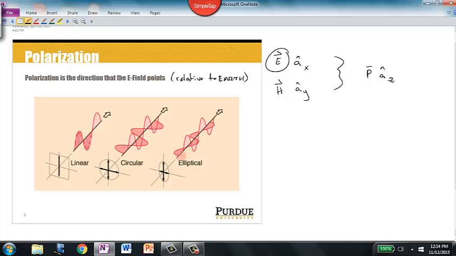Actual elliptical polarization is somewhat uncommon, and more often what we will see is circular polarization. If I were to watch the direction of the E field as it moved away from an observer, and trace the shape that the moving E field direction makes, I would see it forming a circle. So we've got linear polarization, and then elliptical polarization. The most common form of elliptical polarization is circular polarization.